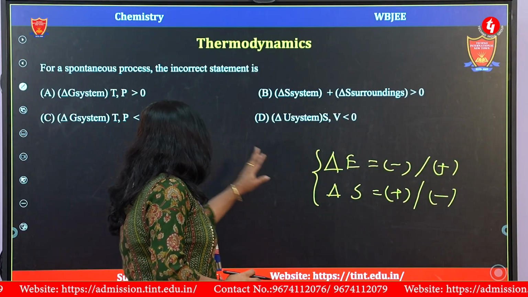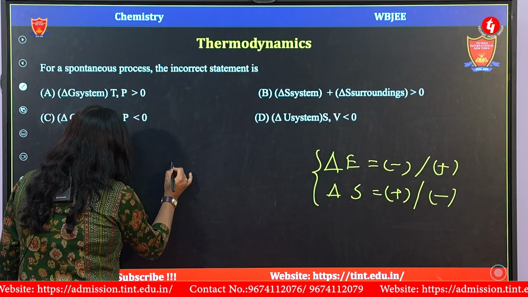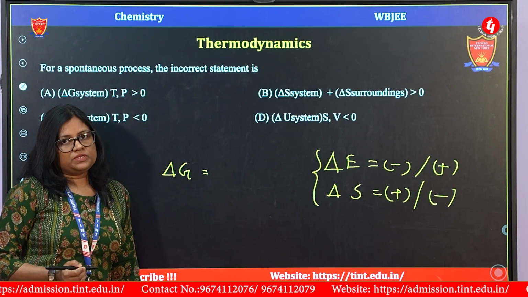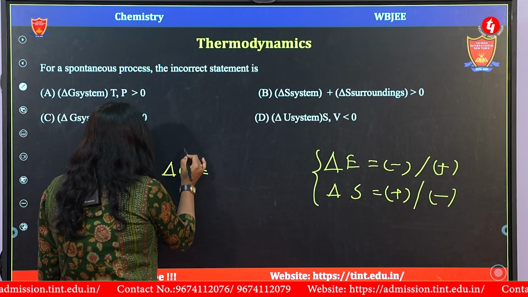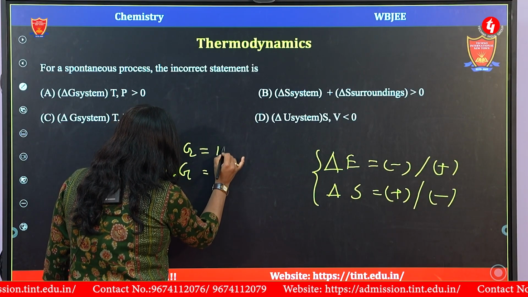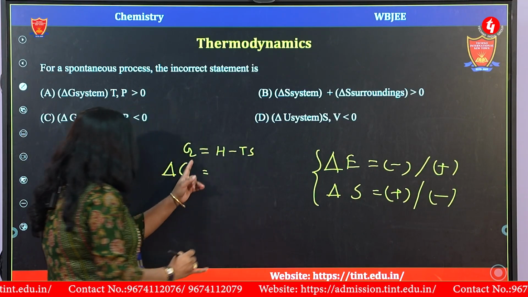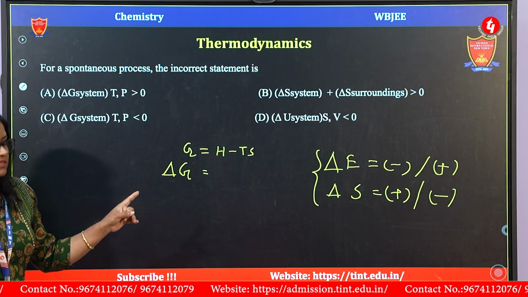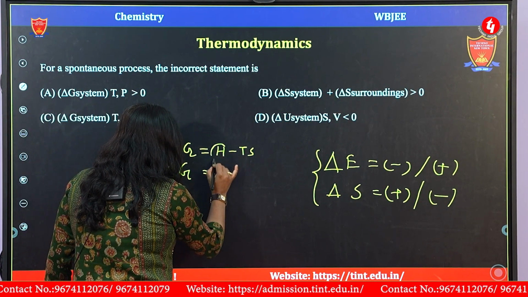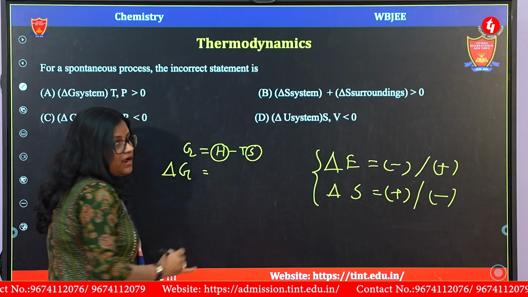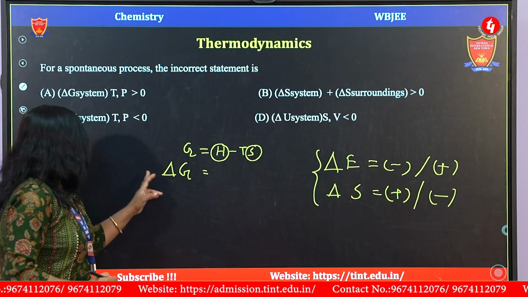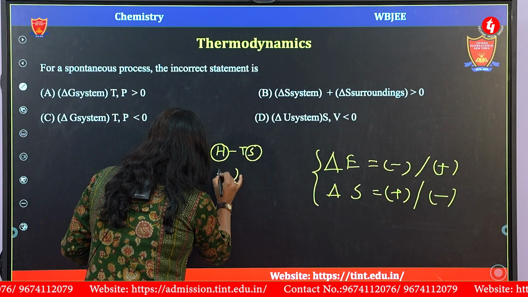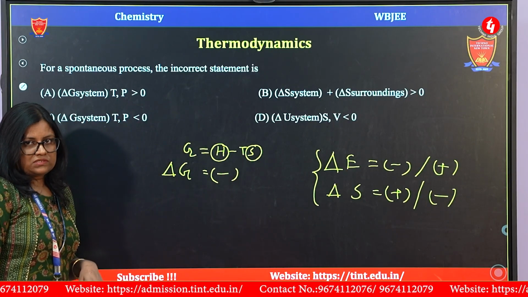Some spontaneous processes are there where entropy decreases. That is why we have another term, delta G. G gives free energy, G is equal to H minus TS. This ultimately defines the spontaneity of any process, where both the energy factor and the randomness factor are there, and delta G is always negative for a spontaneous process.